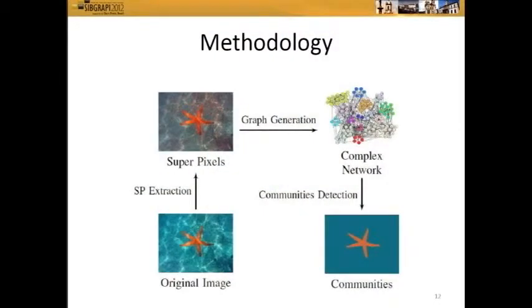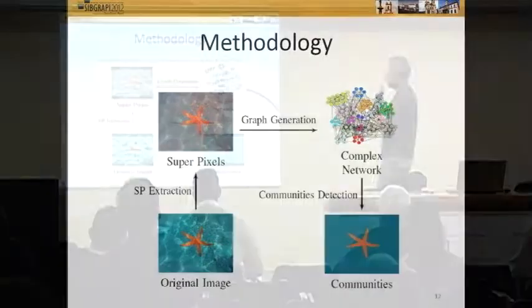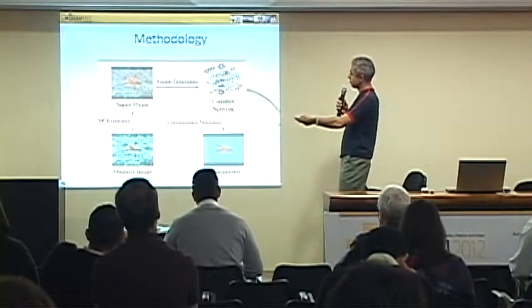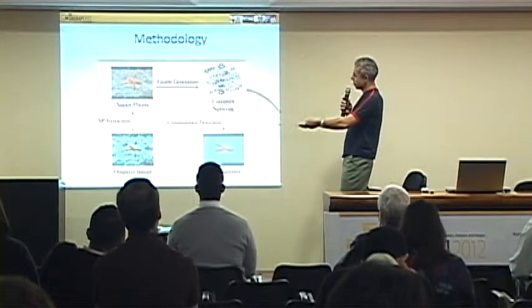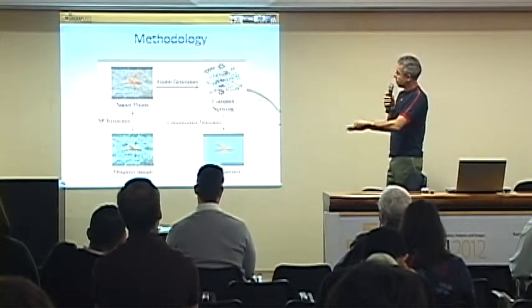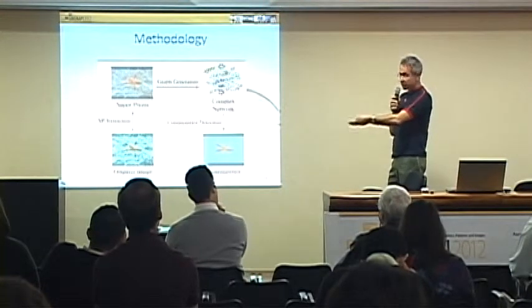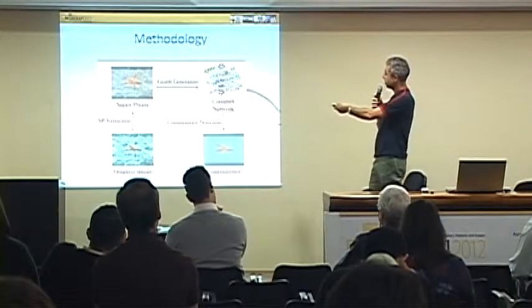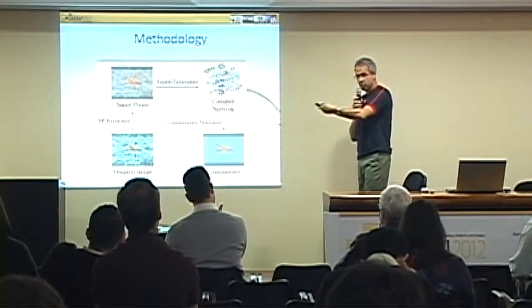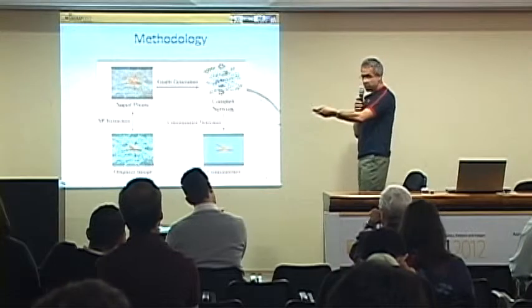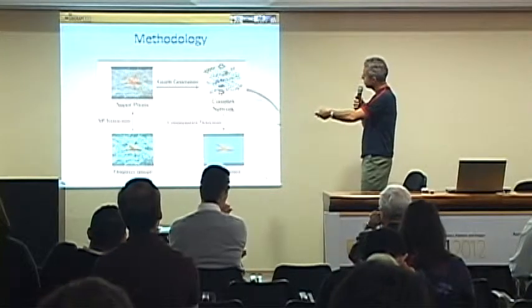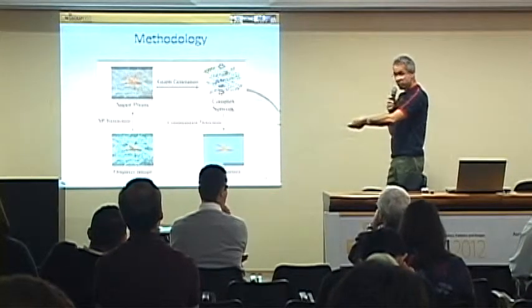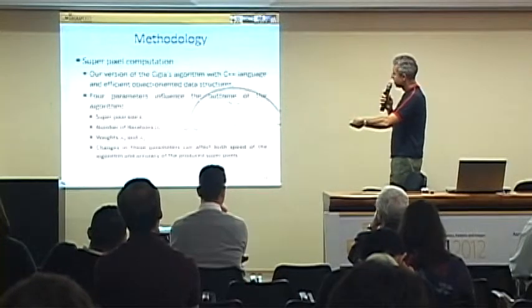We start with the original image, and then we run the superpixel extraction, which, as I'm going to show you, could be quite straightforward and not a very time-consuming process. Then we generate the graph using one of the weight equations that I've shown you, and then we detect the communities. As simple as that.